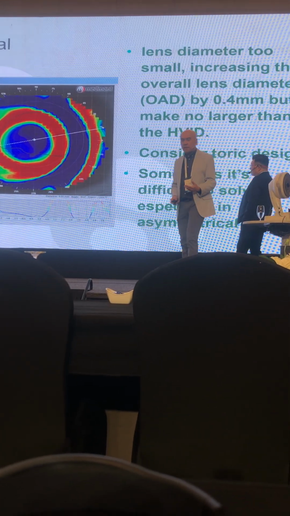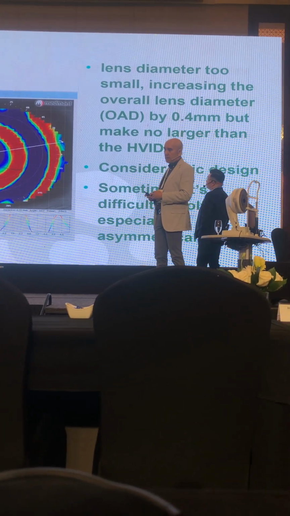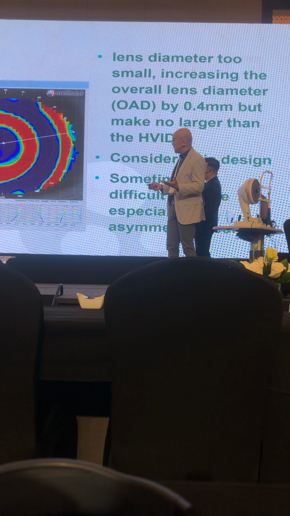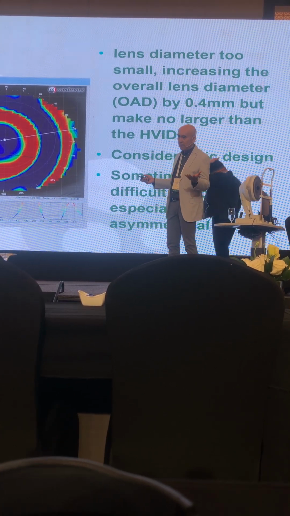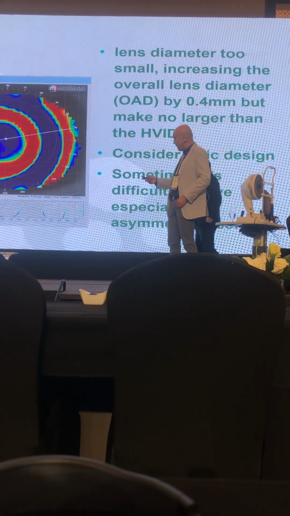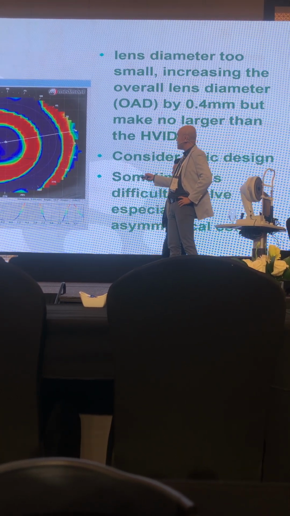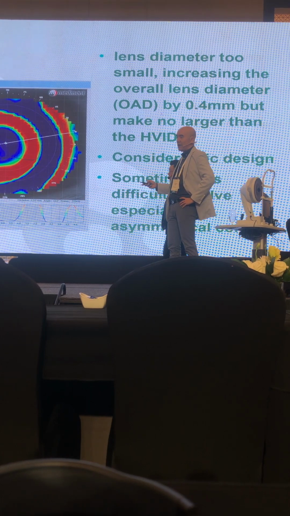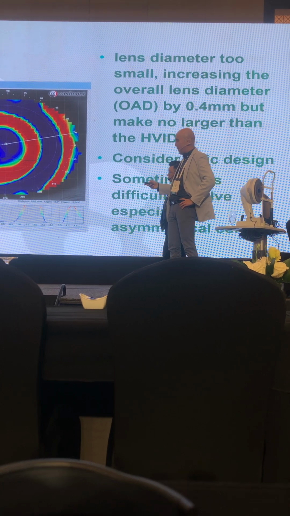So the first thing you want to try is to order a bigger lens. It cannot be too big. If the bigger lens solves the problem, then you attempt to increase the OZD, hoping that the treatment zone falls within the pupil zone.